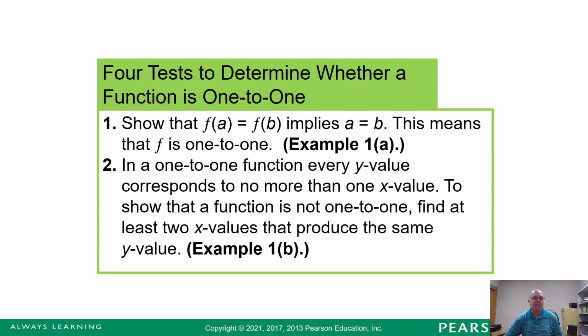So to summarize that, y values being the same means the x values must have been the same to begin with. That makes it one-to-one. If you can prove that with the actual definitions of the function, you've got it. If every y value corresponds to exactly one x value, it's one-to-one.